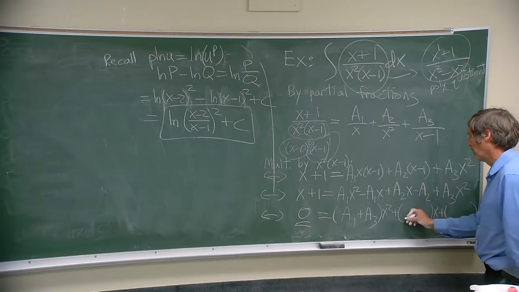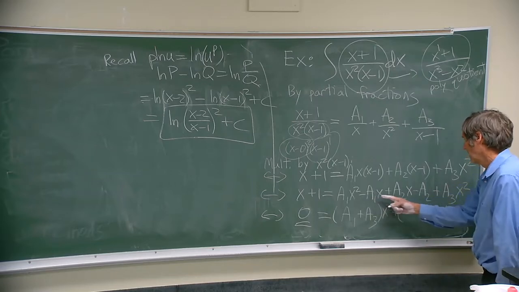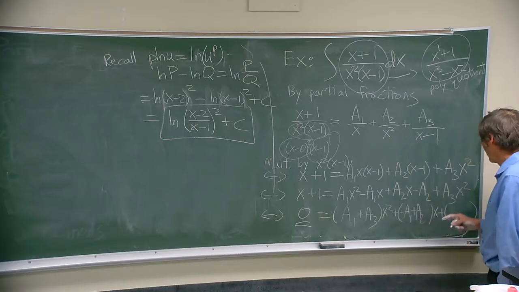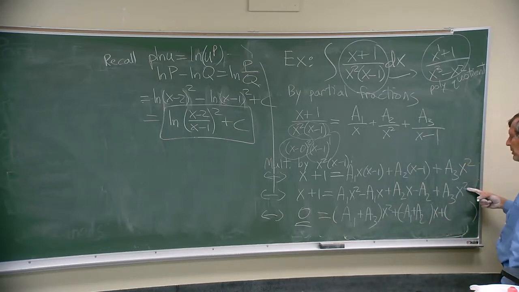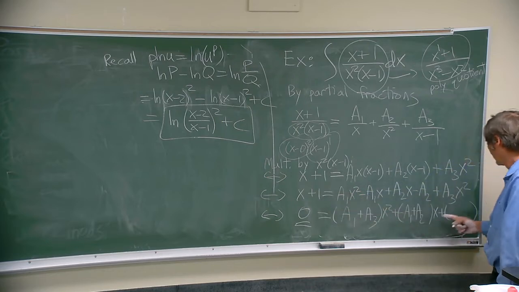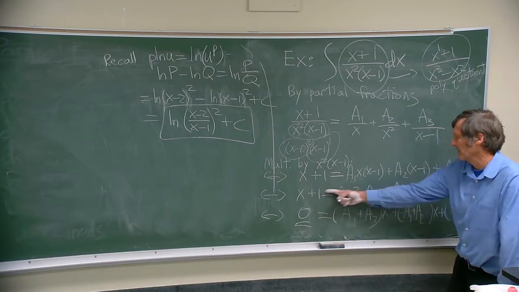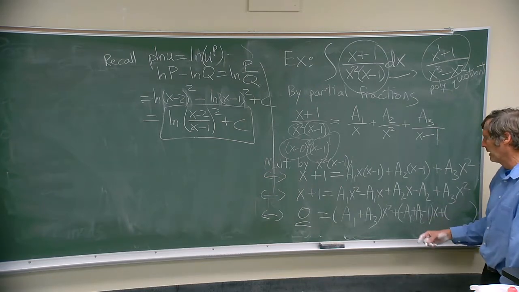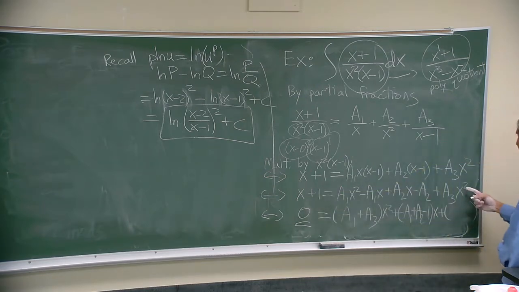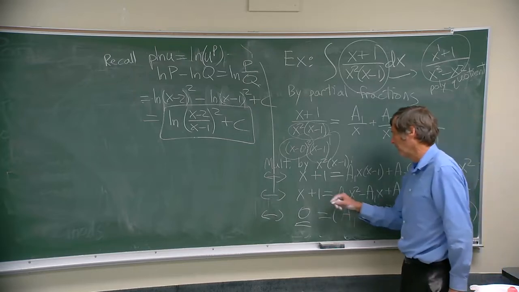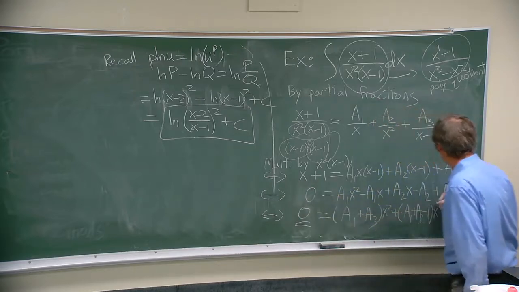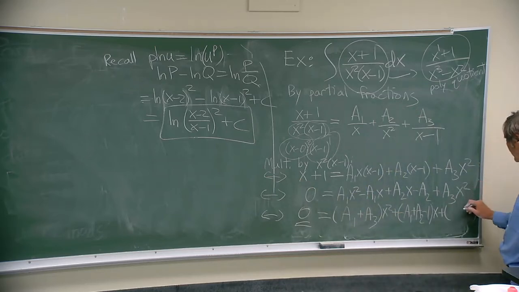Then I've got minus a1x plus a2x. So minus a1 plus a2. And I forgot to subtract my x plus 1 over here, so I've got minus x, minus 1. Maybe I should put it on the last step.